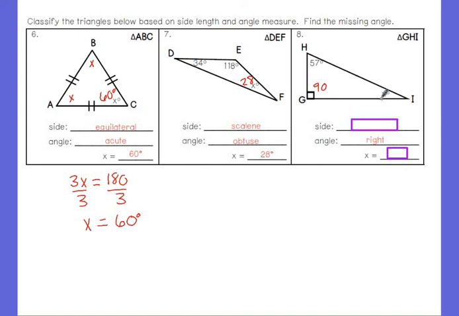I know all 3 angles of a triangle add up to 180, so 180 minus 90 is 90. 90 minus 57 gives me 33 degrees. So I see none of the degree measures are the same, so that means none of my side lengths can be the same. So if no side lengths are the same, that is also a scalene triangle.